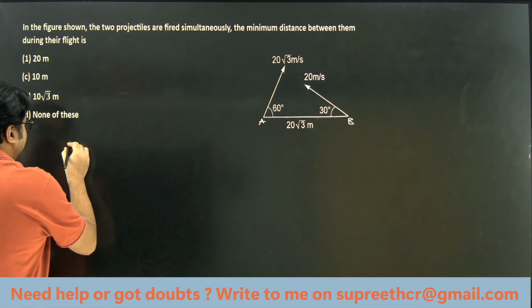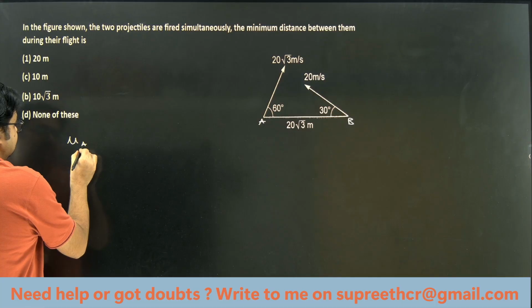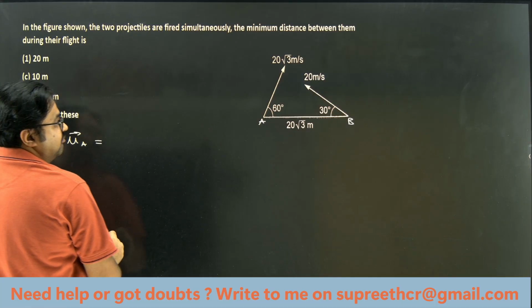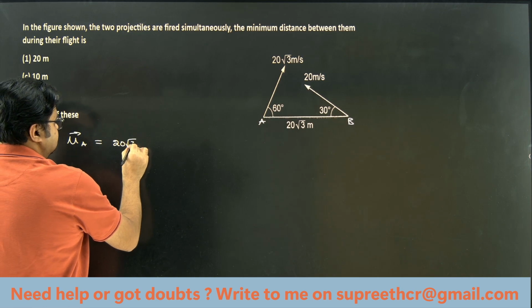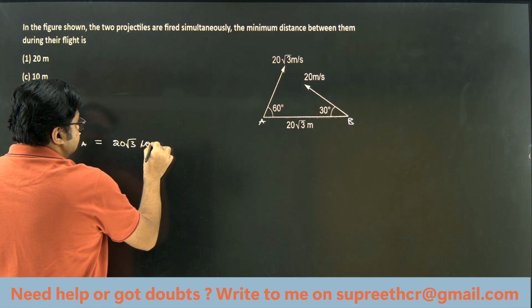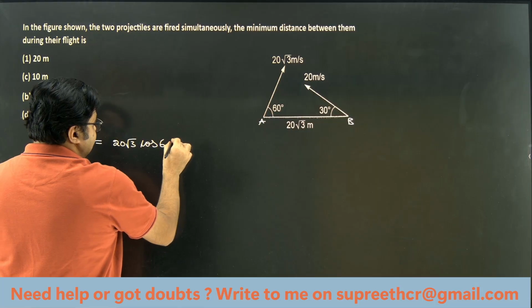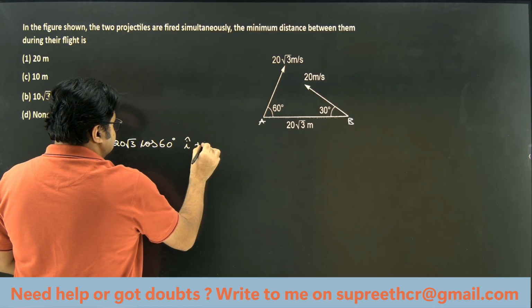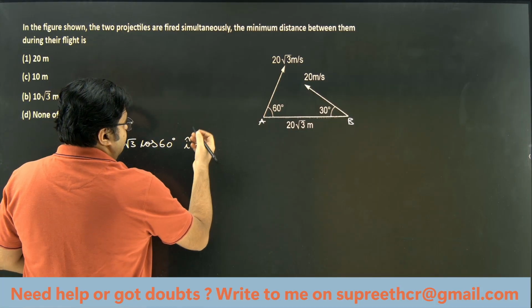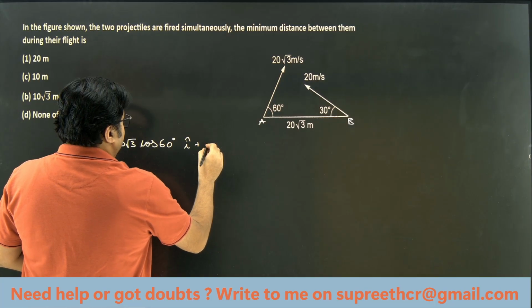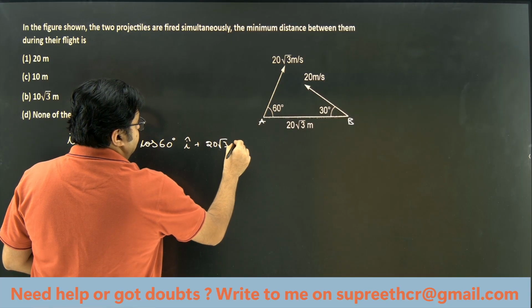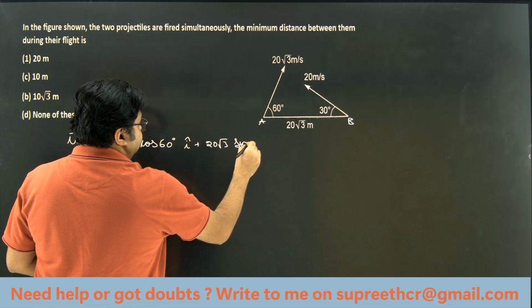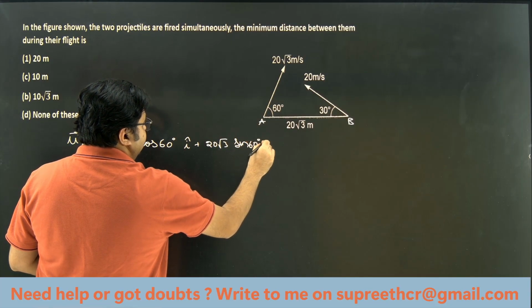For that, let me write the initial velocity of A in Cartesian form. How do you do that? You would write it as 20 root 3 cos 60 degree i cap plus 20 root 3 sine 60 degree j cap.